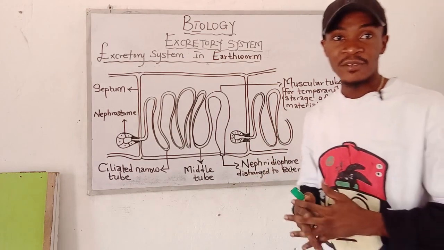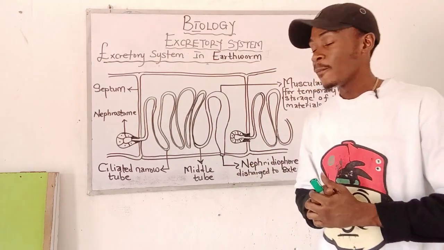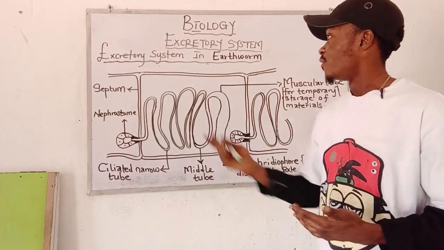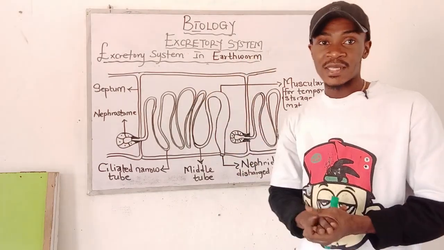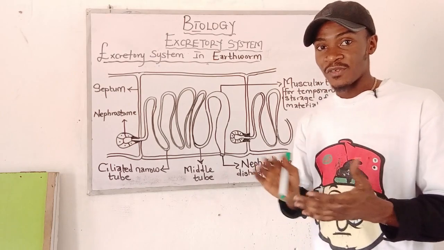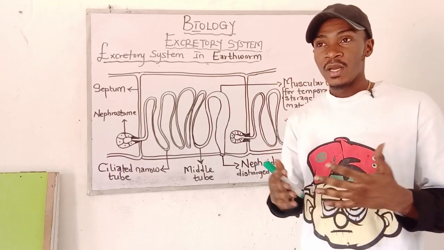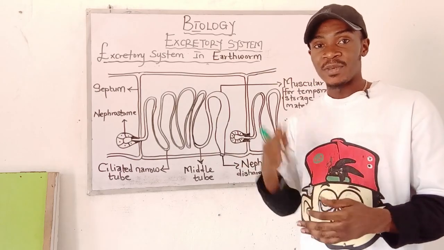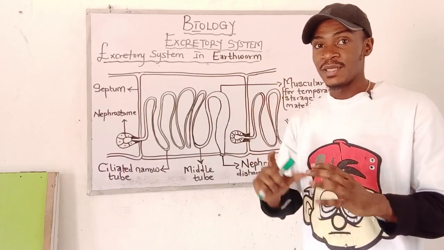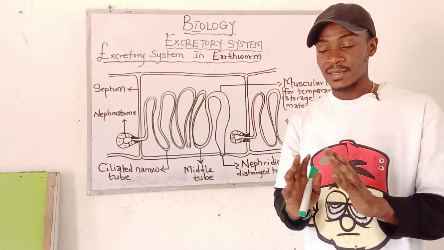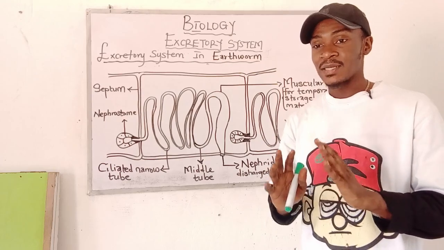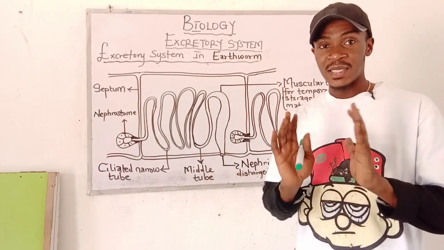Let's do a brief recap before we conclude. We started with an overview of the excretory system in earthworm, and we said the major excretory organ of an earthworm is the nephridium. Each segment in an earthworm except the first 3 segments and the last contains a separate nephridium. Each of these nephridia has a similar plan.